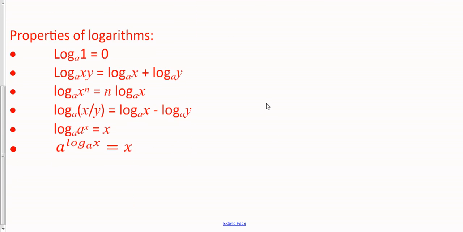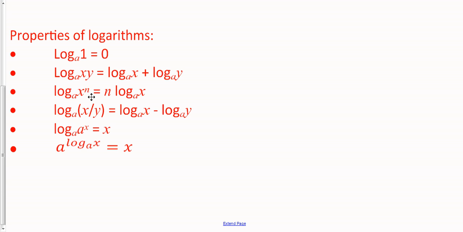And then just to refresh your memory on properties of logarithms, that log base a of 1 is 0, because this means a to what power is 1, and well, that's 0. And then remember, the log of two things multiplied together is really the log of the first one plus the log of the second one. Or if you have an exponent on the variable after your log, you can put that exponent down in front.